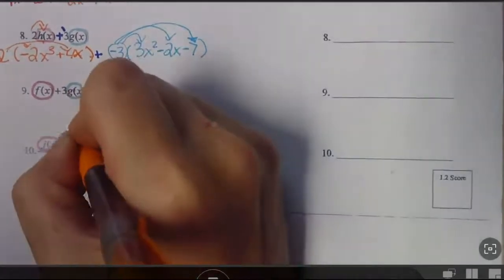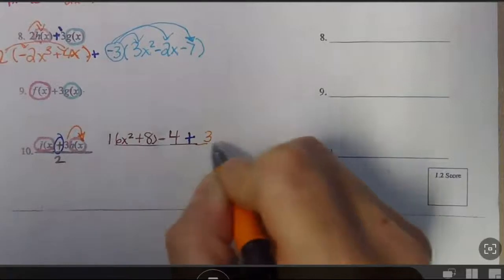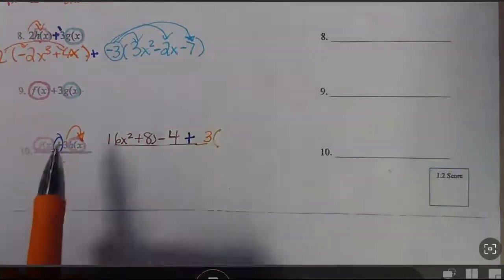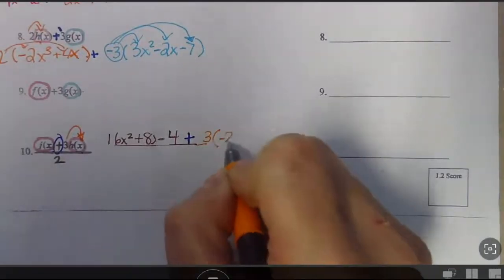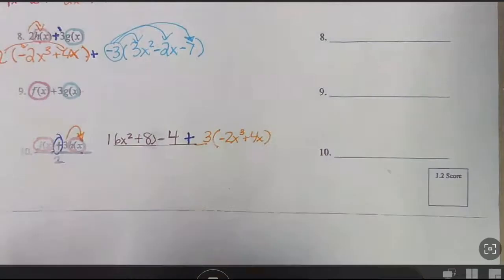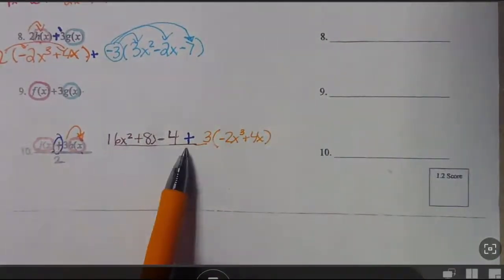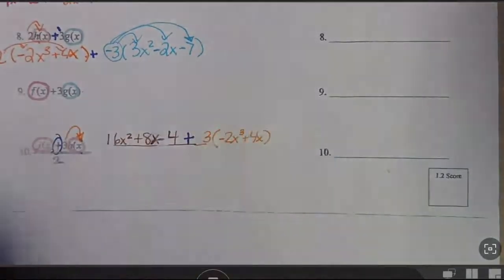So 3 times whatever this h of x is. So I'm going to do 3 times, and then I'm going to write down my h of x, which is negative 2x to the 3rd plus 4x. We have to be careful. Let me make that x clear.